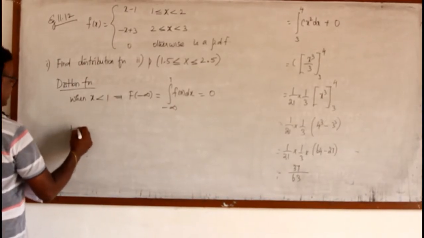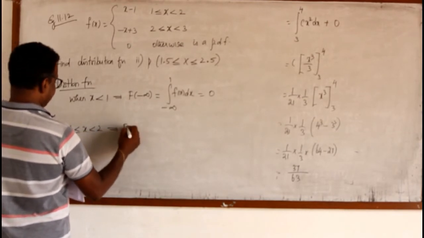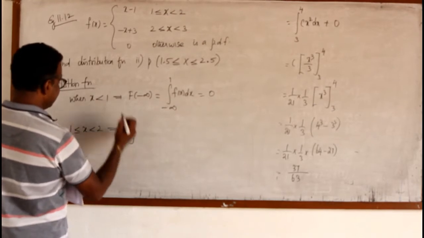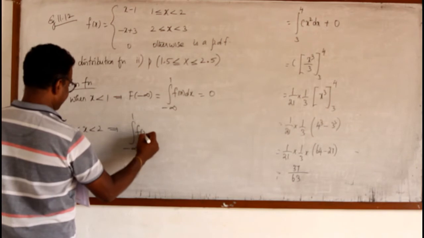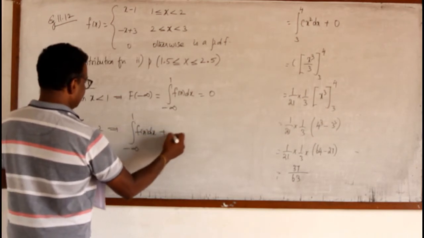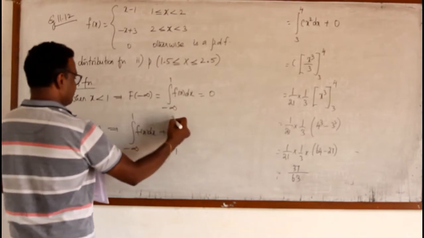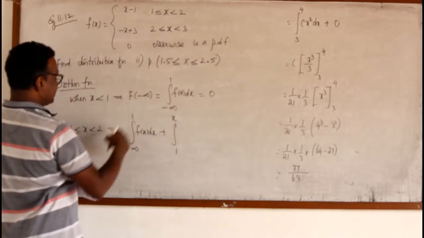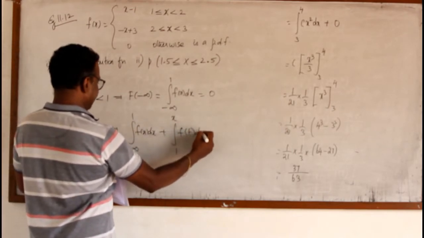Now the second interval, 1 less than or equal to x less than 2. Listen here, I am finding the cumulative distribution, so I must add the previous things also. That is, minus infinity to 1 f of x dx must be added. Then 1 to 2, but I need the function, so just put x. Since it is x, convert all the terms in terms of some other variable, so shall I write f of t dt?